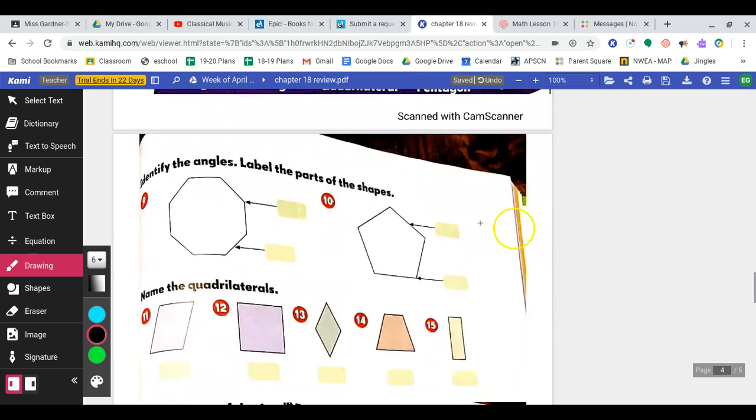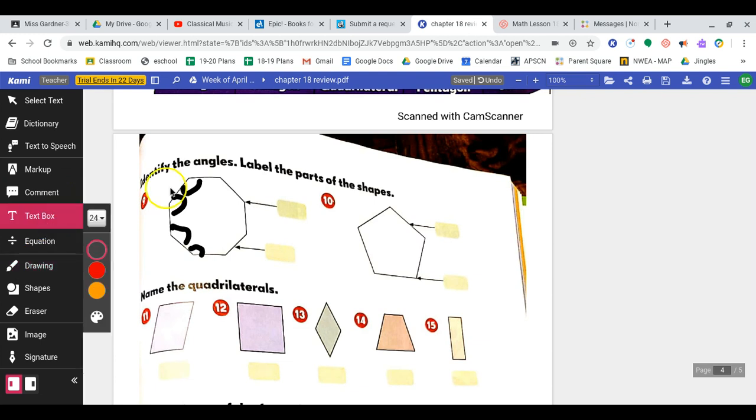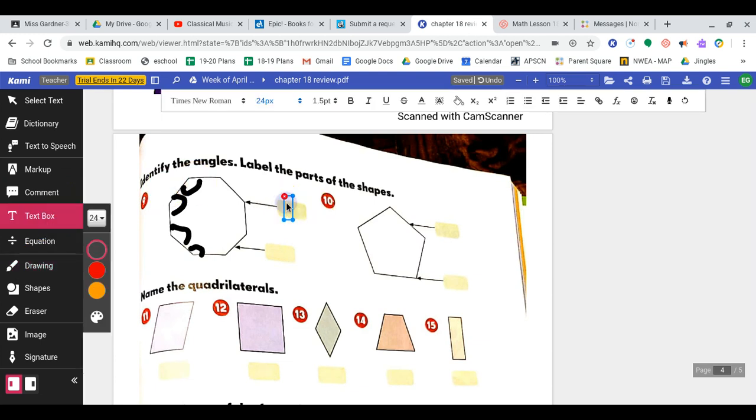Next, we are going to identify the angles and label the parts of the shapes. So for identifying the angles, each part on the inside where 2 line segments meet is an angle. So you should be able to go all the way around, and this octagon would have 8 angles. And then we will label the parts on the outside or exterior of the polygon. On the exterior of the polygon where 2 line segments meet, we call that a vertex.